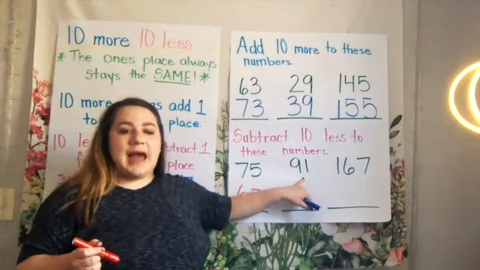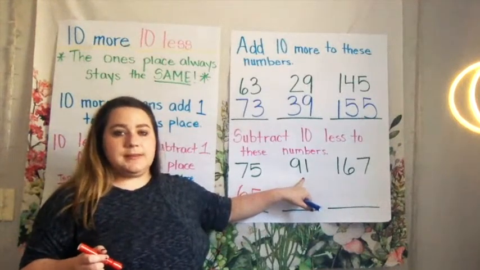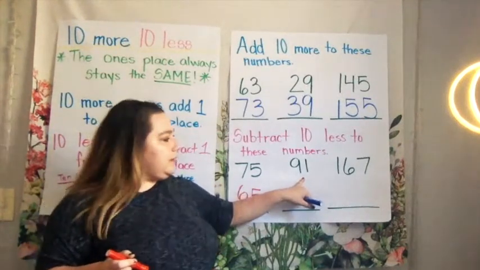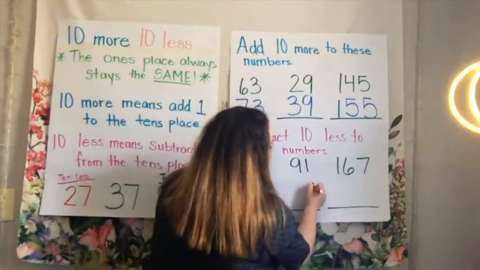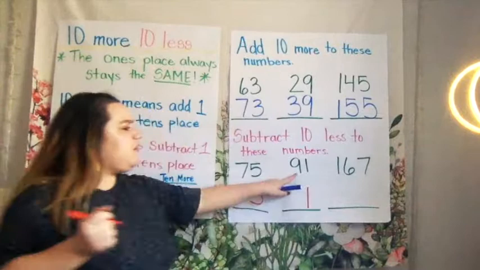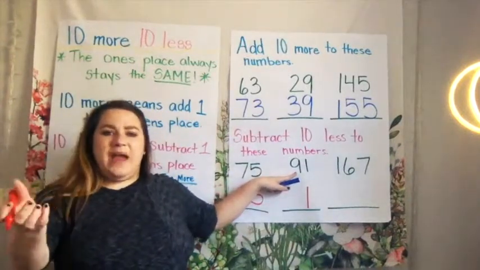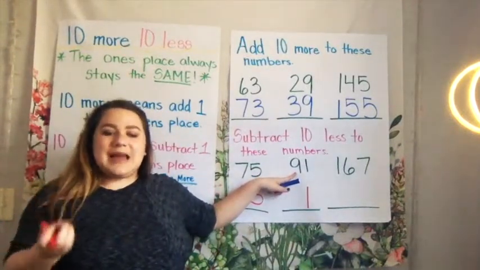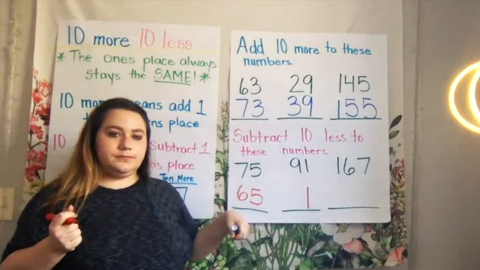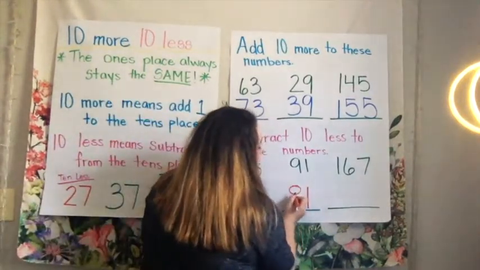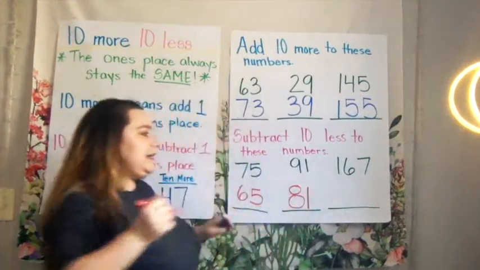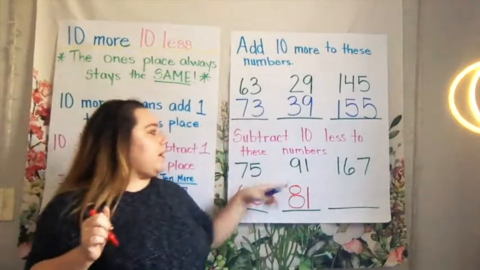This number is 91. My 1 is going to stay the same, so I'm going to just bring it down. And now I have to take 1 away from this 9. What's 9 minus 1? 8, good. My answer is 81. 81 is 10 less than 91.